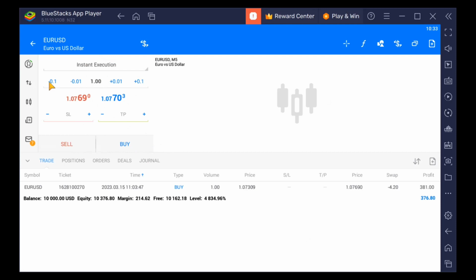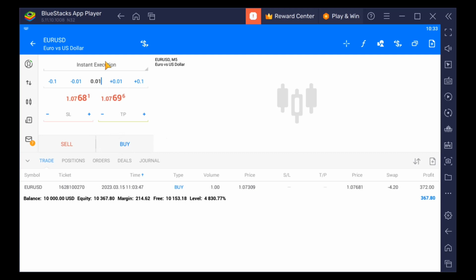So I can reduce it by tapping on this. Okay, can you see it? So this is 0.1. This is a mini lot. So if I buy on this mini lot, every 1 pip price moves in my favor, I'll be making $1. And I can decide to further reduce it by tapping on this and just type whatever I want in it.